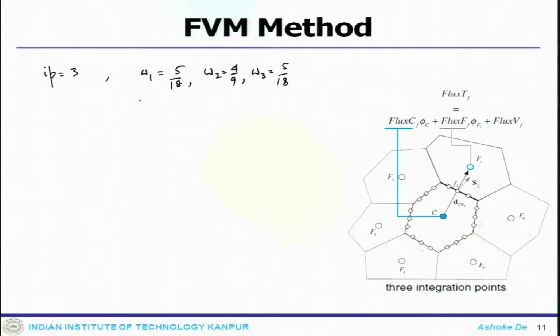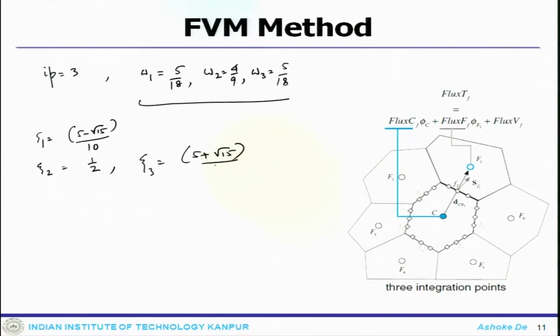If you look at that weighting function, they are equally sort of distributed. Then the distances would be xi1 is (5 minus root 15) divided by 10, xi2 is half and xi3 is (5 plus root 15) divided by 10. So, these are the distances from one point to the other points.